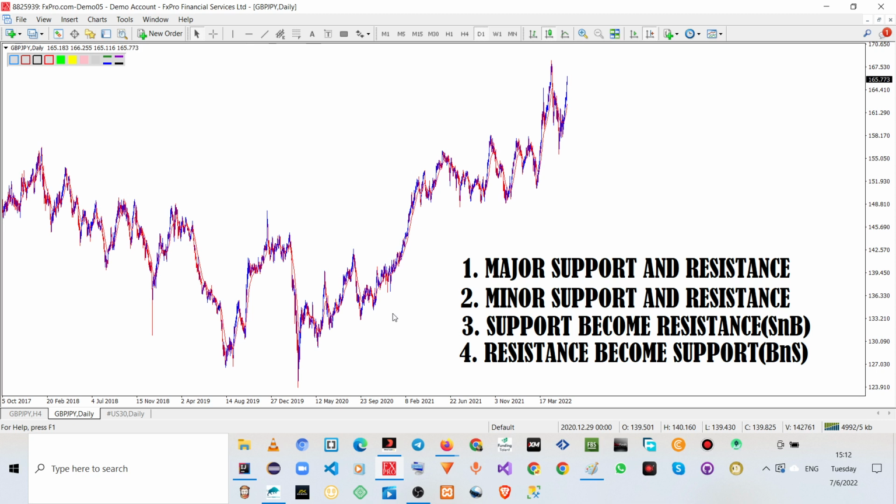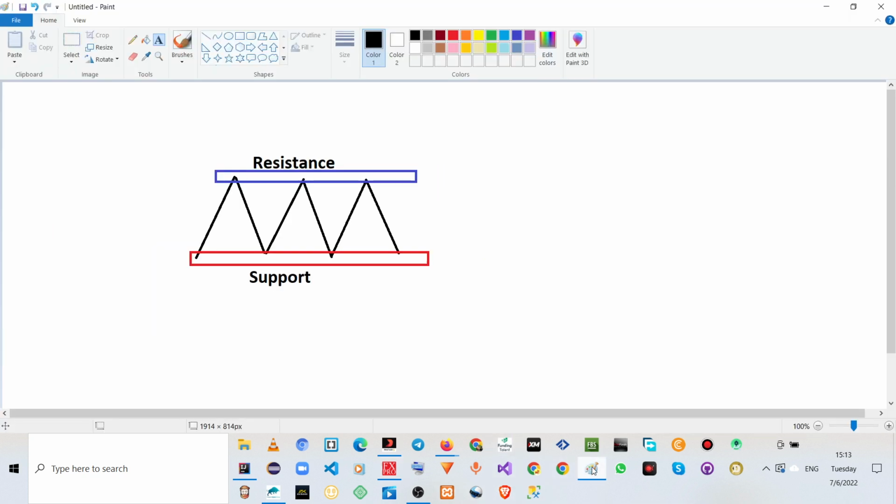So it is a very original and working strategy, and it has a proven track history that you can see that it has been there and it works. So without wasting time talking, let's go to the drawing board.